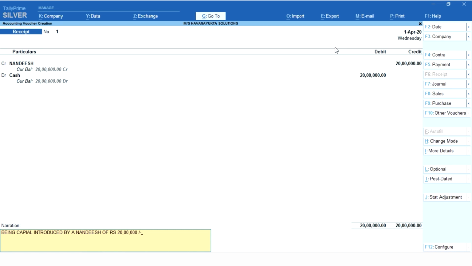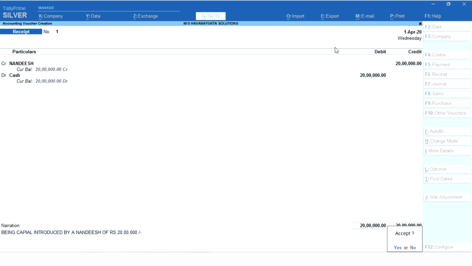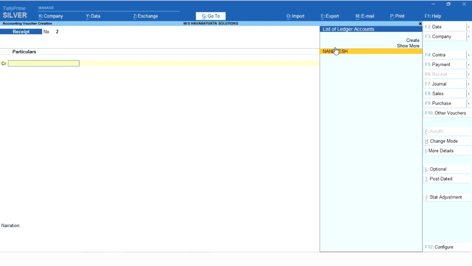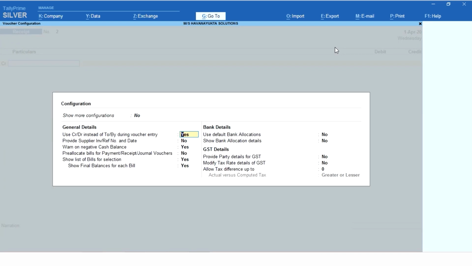So this transaction we are passing in the double entry system, where it is asking for particulars, debit and credit. We'll accept it. And if you're not familiar with credit and debit, if you're familiar with To and By, you can go to F12 configuration.